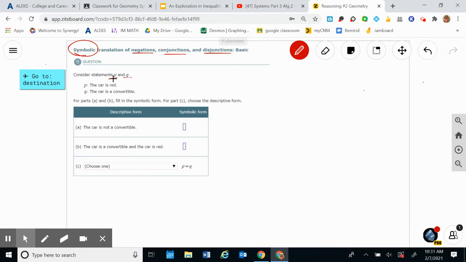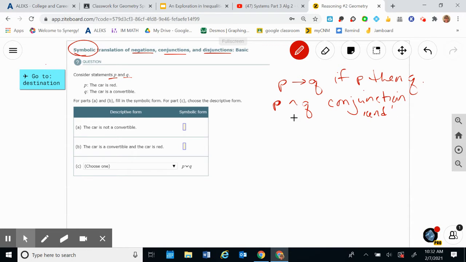And they're given P and Q. The way we write them is P, and if there's an arrow, Q, that means if P, then Q. If it goes like this, that is a conjunction, and that would be containing the word and.